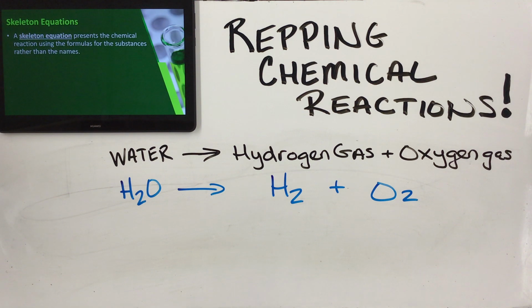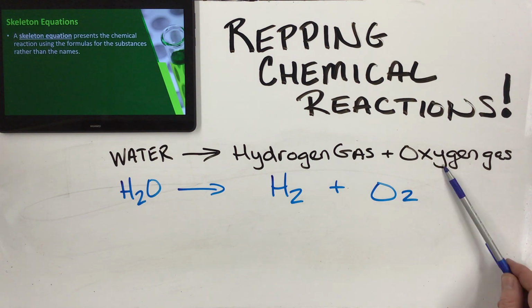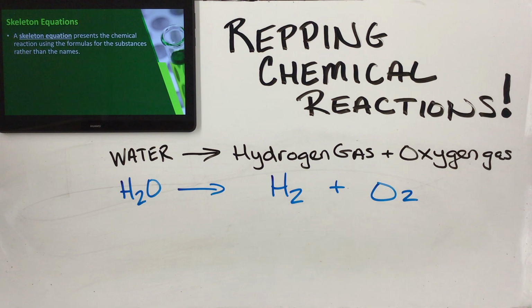This is why we harped on you. You have to be able to go back and forth between names and formulas, because we knew we were going to have to do this in the second unit and throughout the rest of the course, all through grade 12 and university if you take anything chemistry. The ability to go from names to formulas is so important, and we have to get these formulas right.